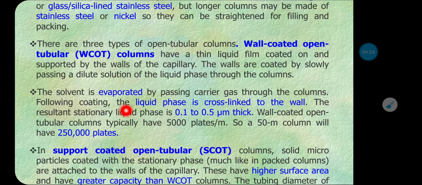Following the coating, the liquid phase is cross-linked to the inner wall of the capillary. The resulting stationary phase has a 0.1 to 0.5 micrometer thick coating.